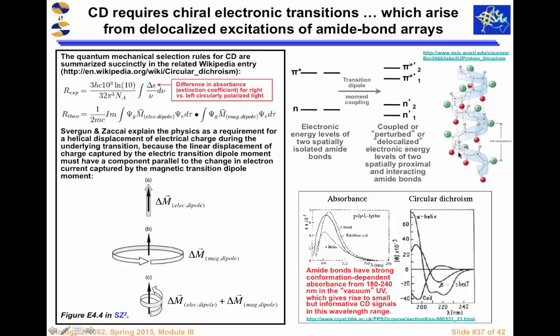When you bring a large array of amide bonds together in a polypeptide, or a large array of nucleotide bases together in a DNA or RNA polymer, you're looking at different orbitals, but it's the same principle. This transition dipole moment coupling or perturbation produces delocalization of the orbitals.